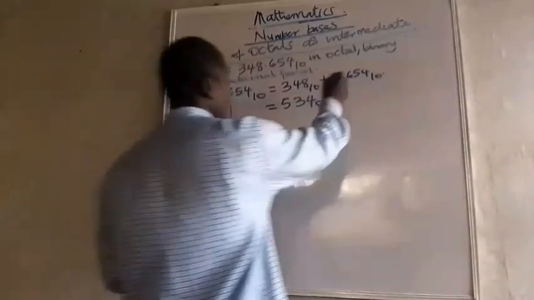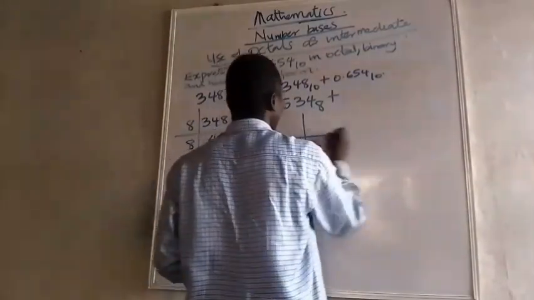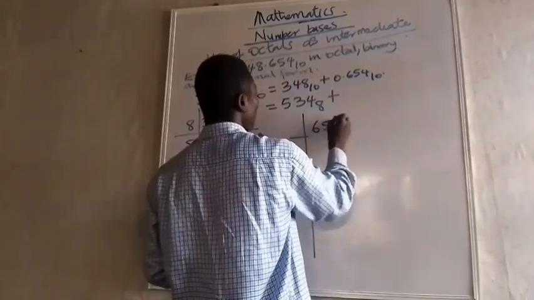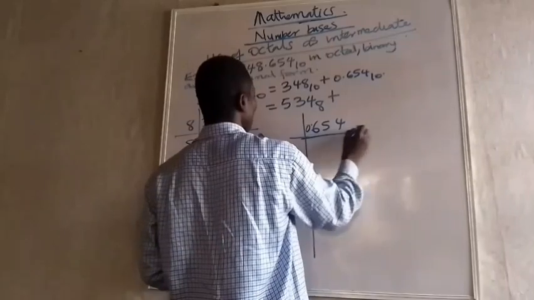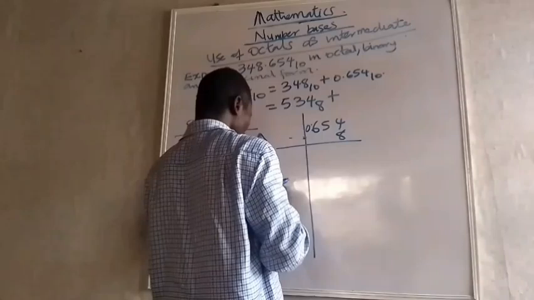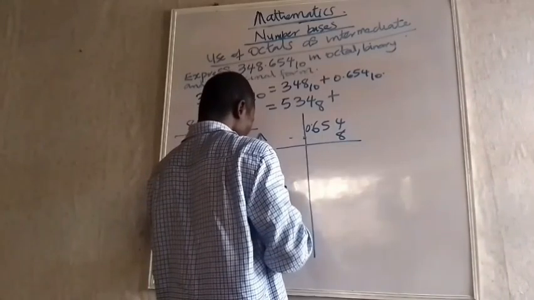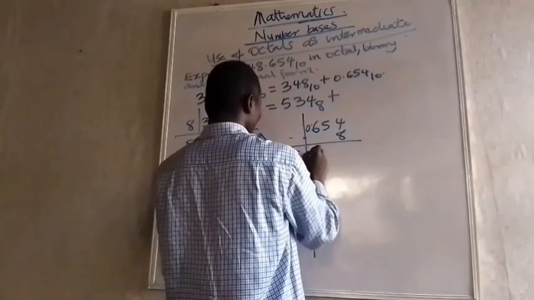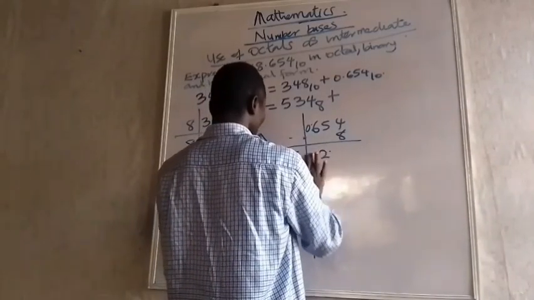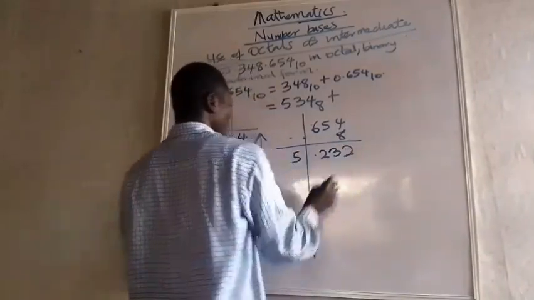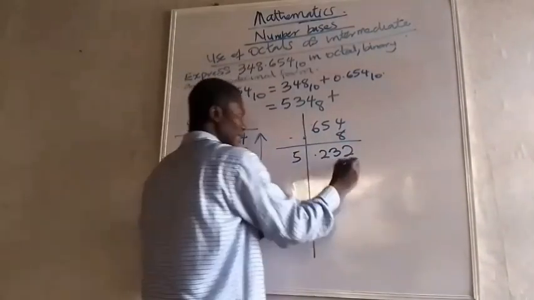And now, for this part, let's do it now. 0.654. We multiply by 8. So I'm going to have 5.232. I multiply this point again by 8.